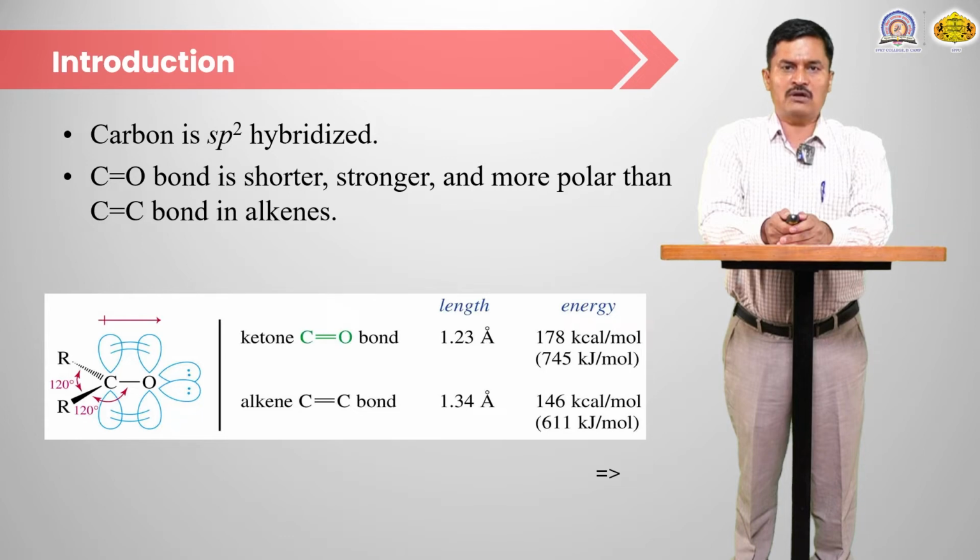Since the bond is shorter, its energy is also more, meaning the carbonyl bond is stronger than the carbon-carbon double bond. The reactivity of the carbonyl carbon also depends upon the nature of oxygen. Oxygen is more electronegative than carbon, so on the oxygen there is a delta negative charge and on the carbon there is a delta positive charge.